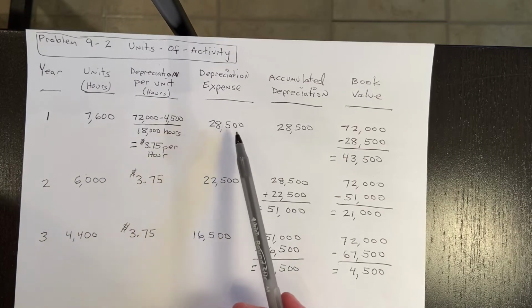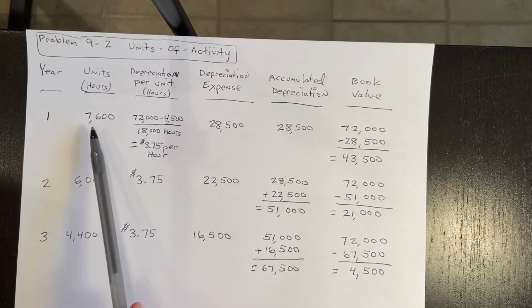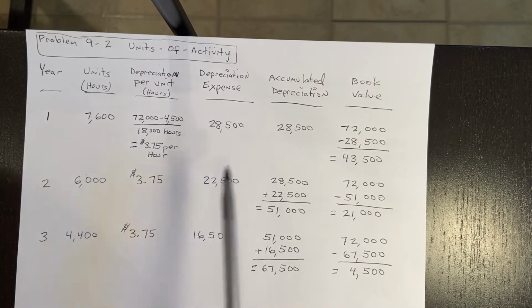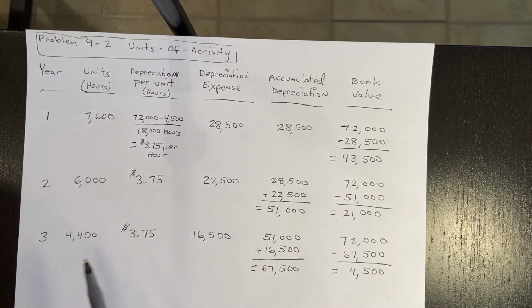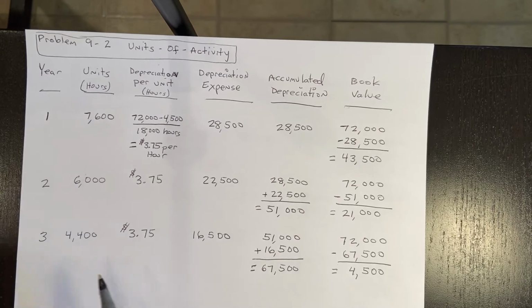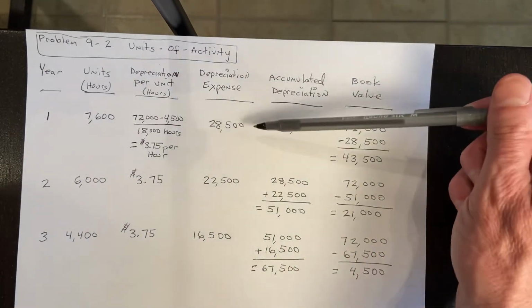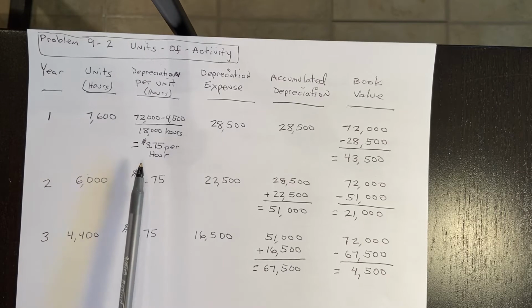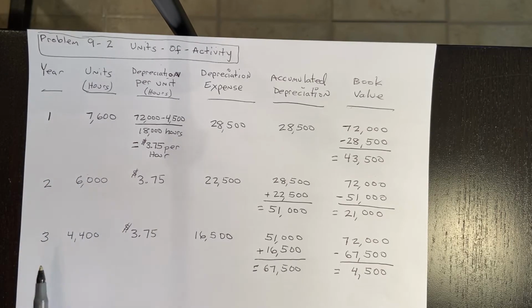How I got this number and this number and this number is I simply multiplied the hours by 3.75. 6,000 hours times 3.75 gives me 22,500, and 4,400 hours times $3.75 an hour gives me 16,500. Why these numbers are different has nothing to do with the depreciation per hour. It's because we used a different amount of hours each year.